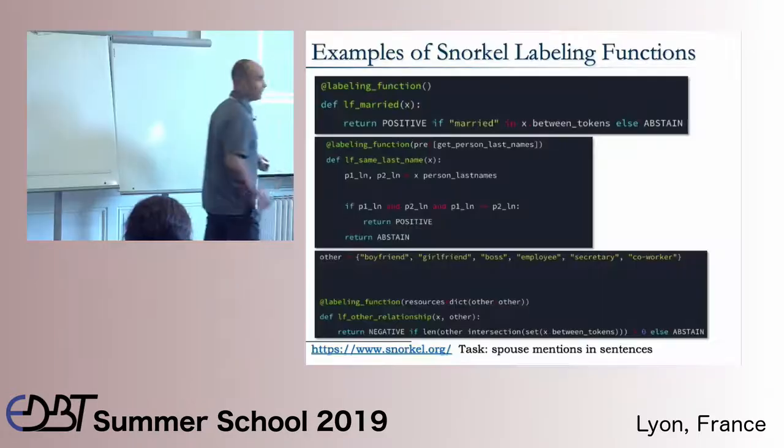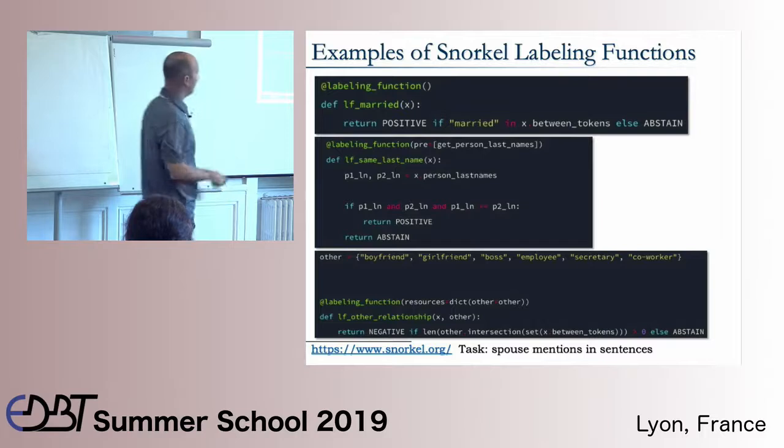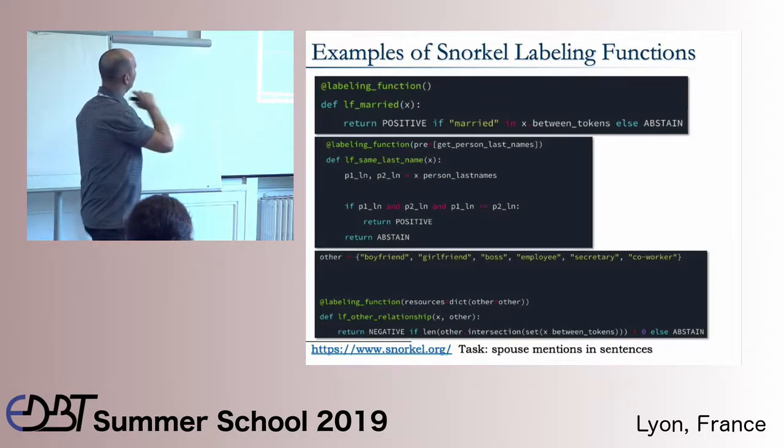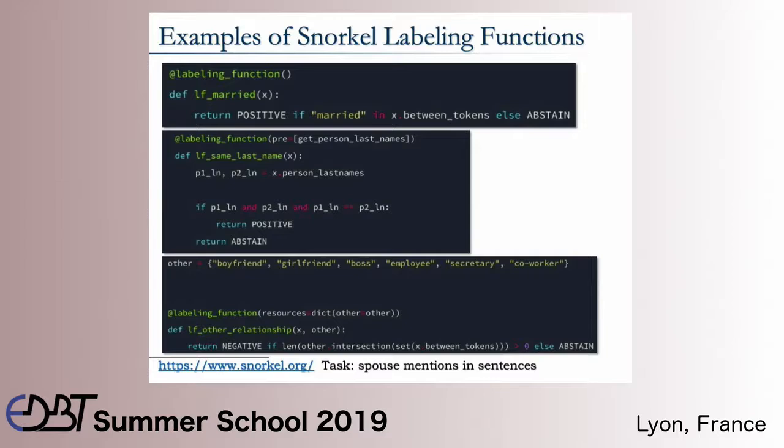Okay, so we're looking at some rules from the Snorkel tutorial online, and here are the links. I hope many of you or all of you can see the text. Think of X here as the span that starts with a person mention and ends with a person mention.